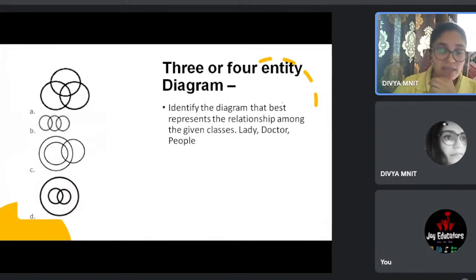But some ladies are doctors, not all ladies are doctors, because some doctors are men also. So D is the correct option.